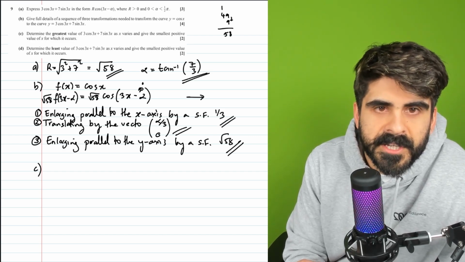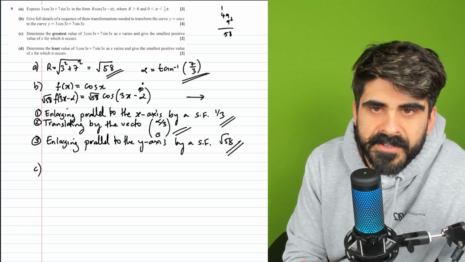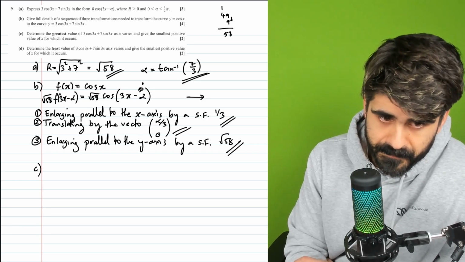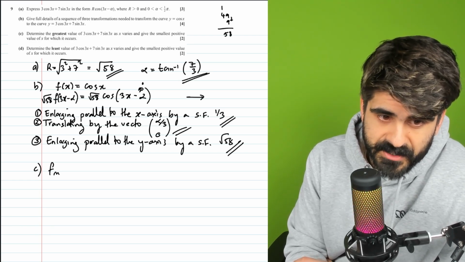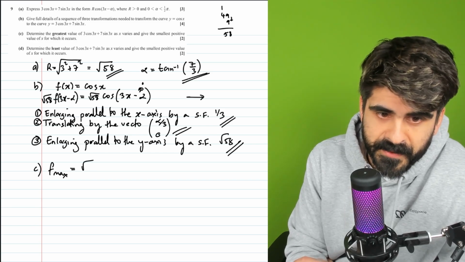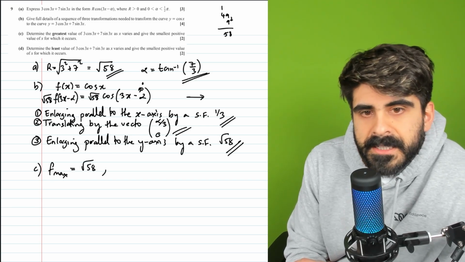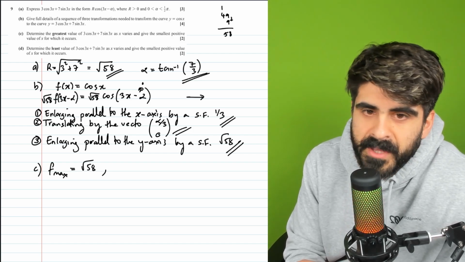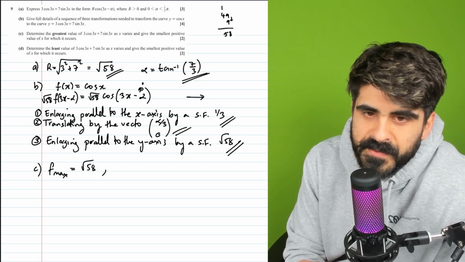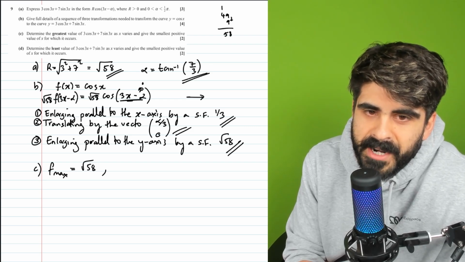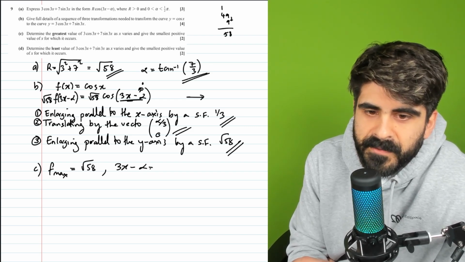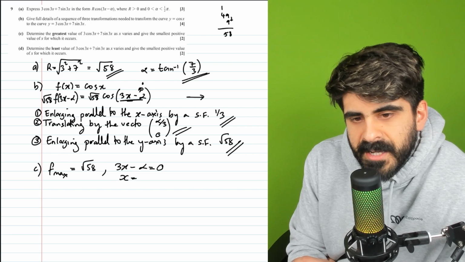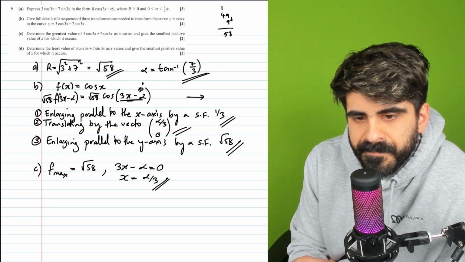Part C, determine the greatest value as x varies and give the smallest positive. Okay, well, f max, the largest value, is root 58. Now, when does this occur? You just got to think about the cos graph and when it achieves this maximum. It achieves this maximum when you have cos of 0. So you want what's inside the bracket to equal 0. So when 3x minus alpha is 0, so that is at alpha/3.